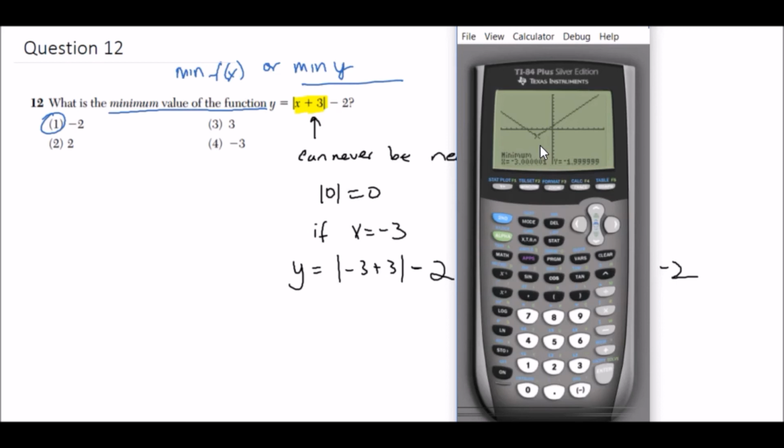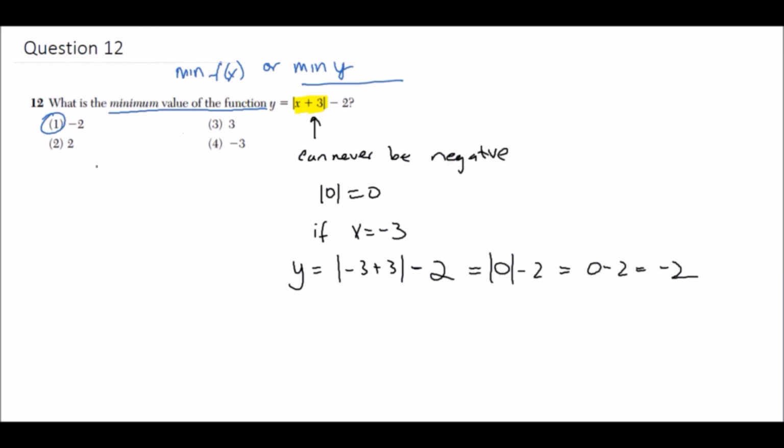You can just trace this and find that it's going to get you pretty dang close to what you're looking for here. If you just do a trace, it's not perfect, but you can see that this is really close to negative 2, and then we start going back up. There's no way that the answer is negative 3. We're not dropping a full point from there to there. So that's that. Nice and easy question, whether you do it with the calculator or by hand.